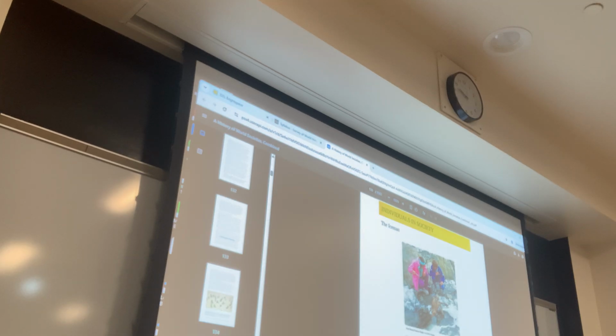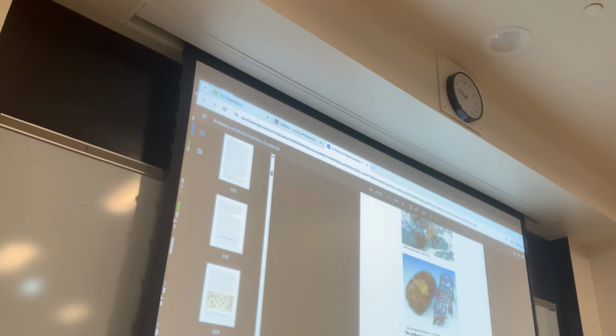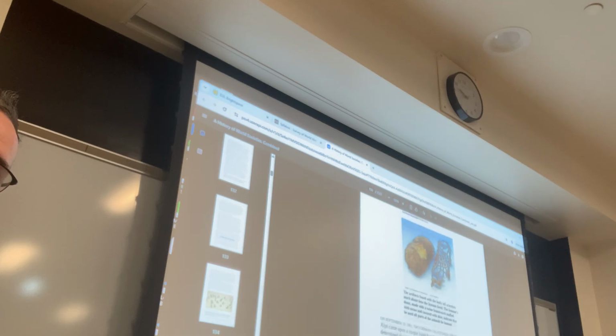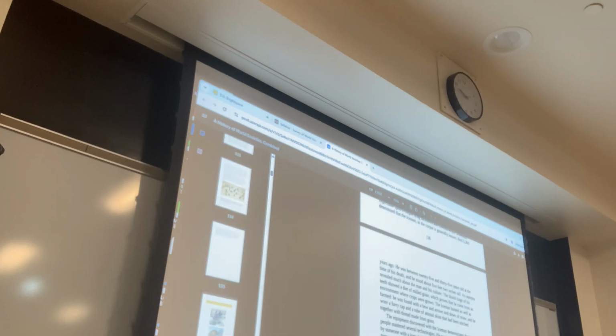What I expect from my students in this reading assignment: you read the document, and then you will find something interesting, something that captures your attention, and you want to learn about that and discuss that aspect.